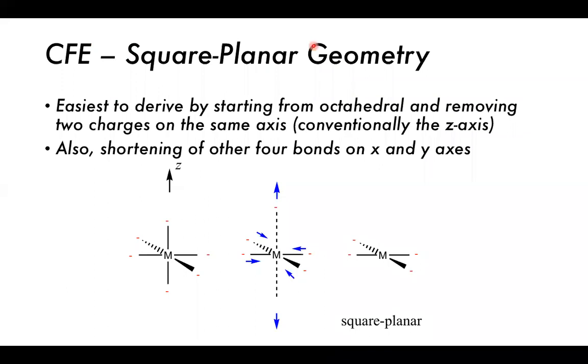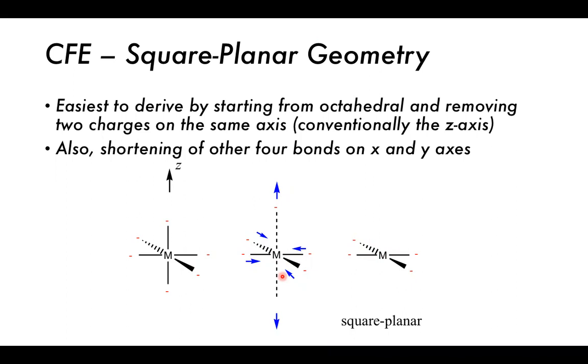So how does square planar differ? It's basically the same as octahedral. You just remove two of the ligands. If we remove the ligands along the z-axis, then we'll just have the ligands which are in the plane of the x and y axes. Hopefully you'll realize that if we remove the ligands along the z-axis, we've removed that repulsion with the dz squared orbital, which means the dz squared orbital will reduce in energy.